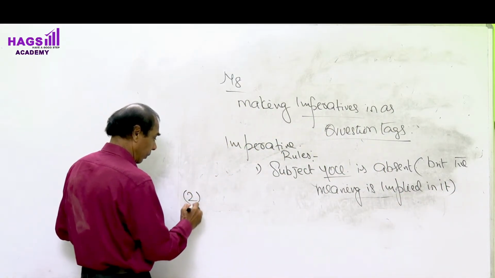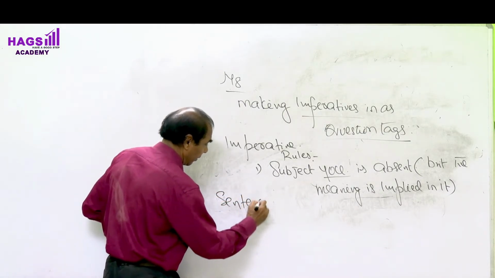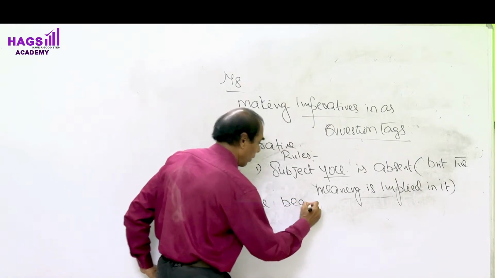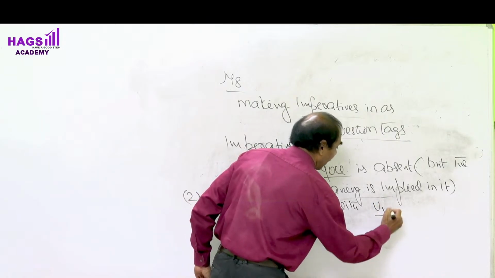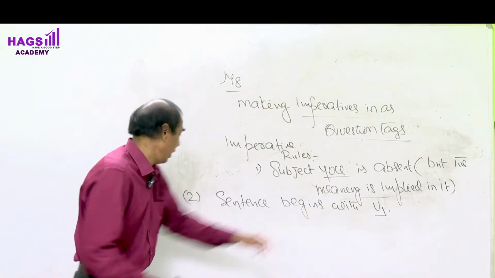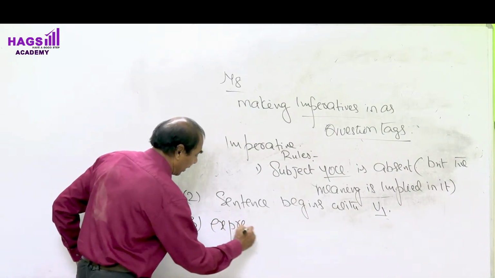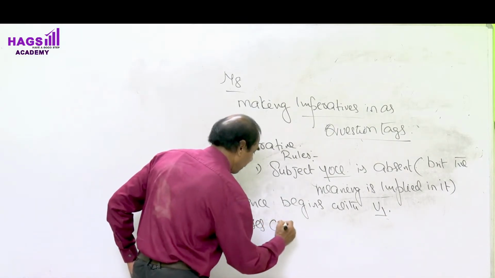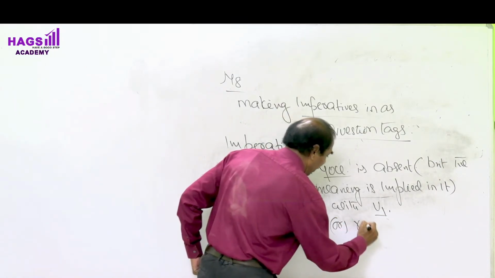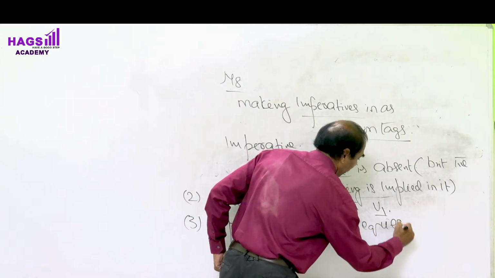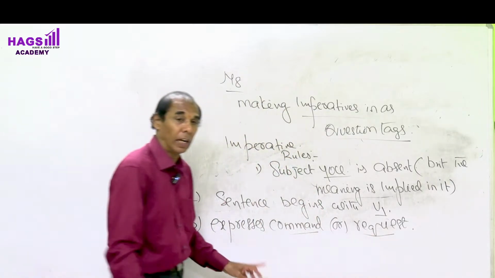Rule number 2. Sentence begins with V1. V1 is verb 1. 3. Expresses command or request. Command or request.